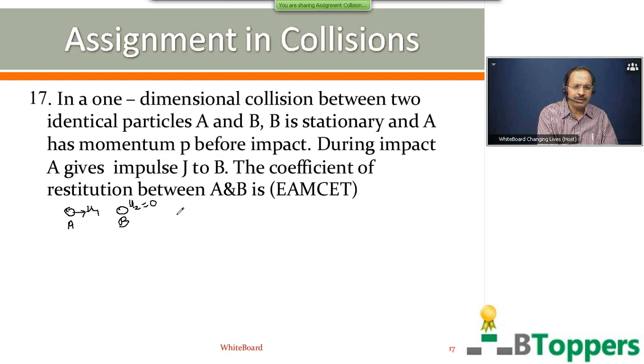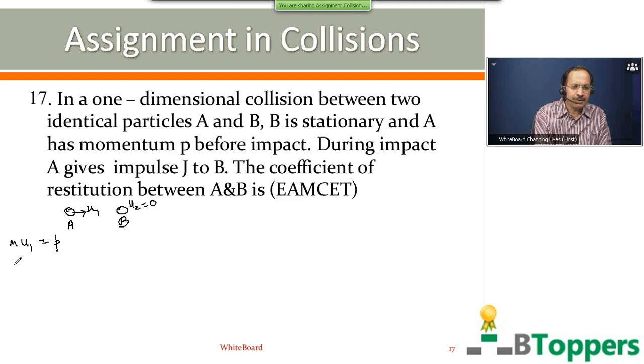During the collision, A gives impulse J to B. That means impulse J given to B by A will be directed to the right side in the figure. So the initial momentum of A before collision you can write as mu1, which is given as P. Let V1 be the velocity of A just after collision and V2 be the velocity of B just after collision.